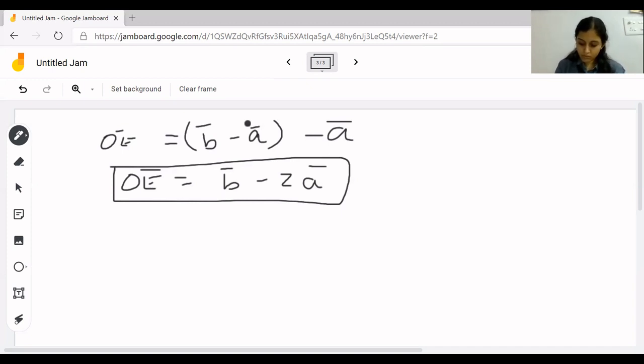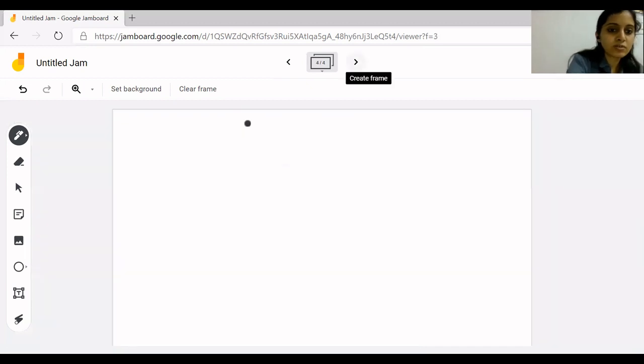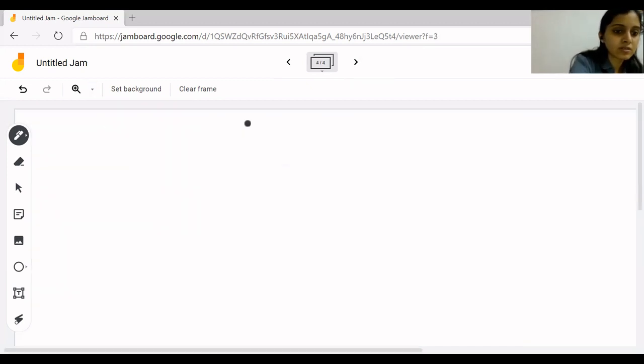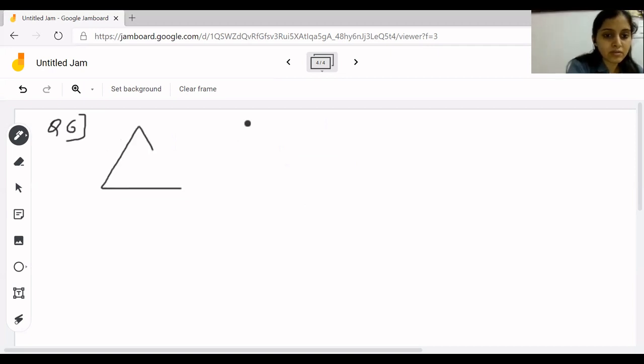Now moving on to question 6. In the figure, express C bar and D bar in terms of A bar and B bar. So they have given you a figure of a triangle PQR, and PS is given over here.